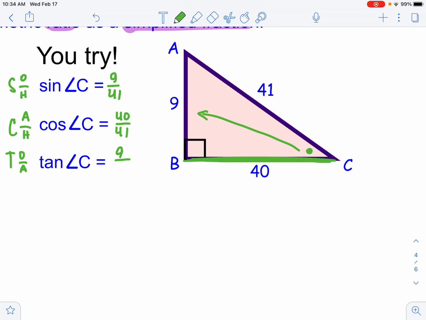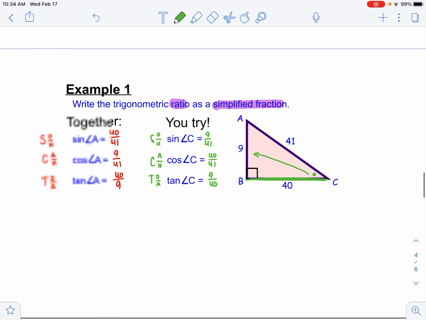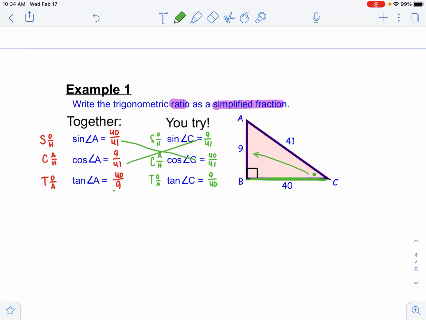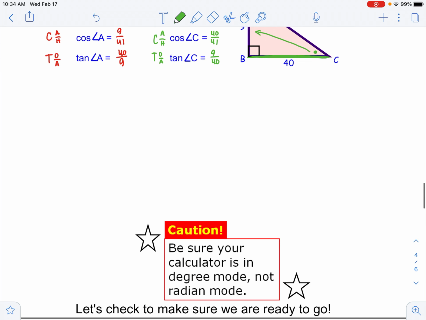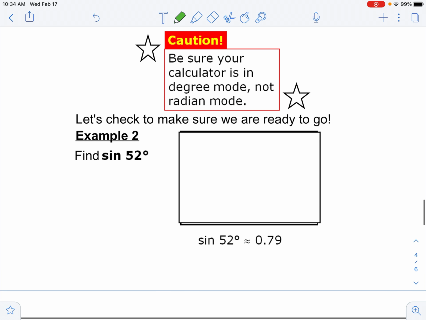Sohcahtoa, opposite over adjacent. The opposite side, which is 9, over the adjacent side, which is 40. All right, so if you look, all this answer is the same as this answer, and these are reciprocals, but that's because you only have 3 things that you're working with, right?